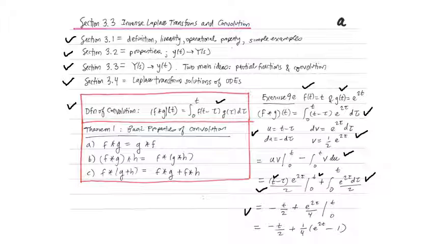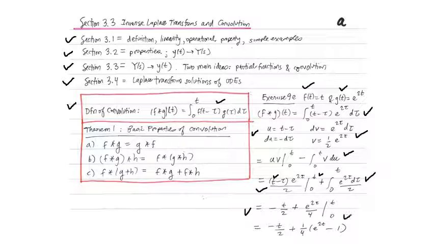At the lower limit, when tau is equal to 0, we get e to the 0, or 1, for the exponential. So we just end up getting minus t over 2 when all is said and done with the first part of that expression. So that gives us minus t over 2 plus e to the 2 tau over 4, which we haven't plugged in yet, but that's what's happening here.